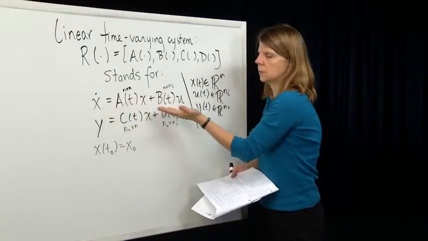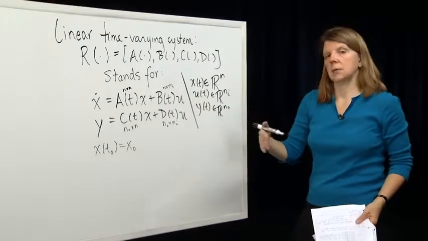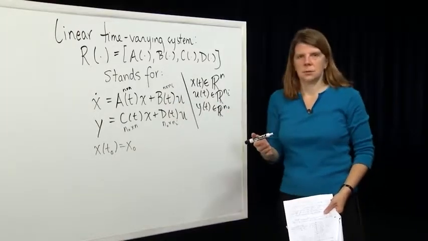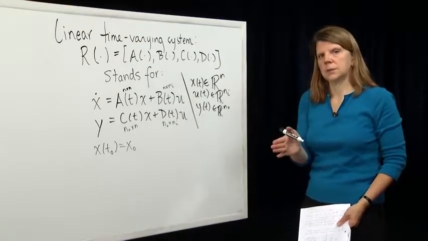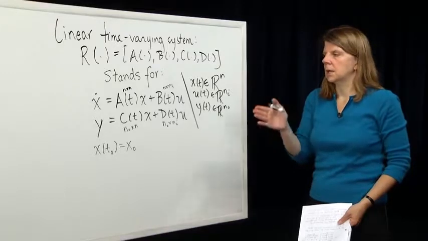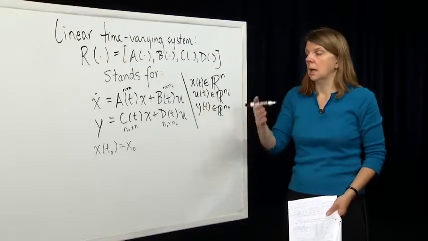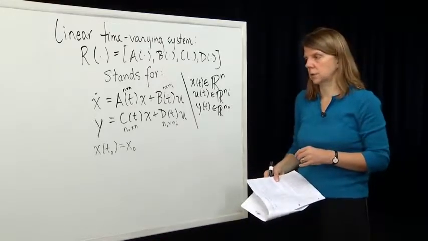So here, as we talked about previously, this is a differential equation which describes the evolution of the state, but it doesn't give you exactly what you need for a state transition function. A state transition function gives you the value of the state at a particular time, given that you started at an initial time with an initial state, and you know what the input is over that time interval of interest.